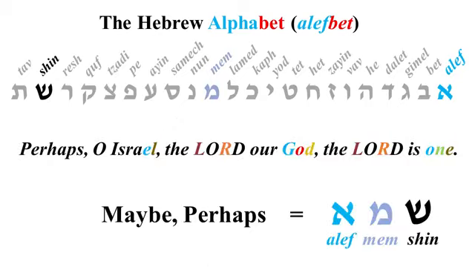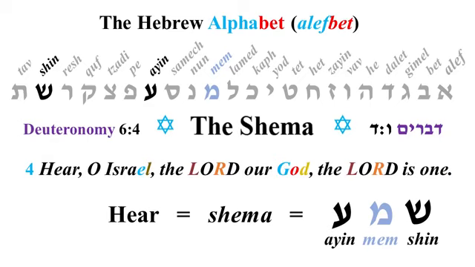Because if you put an aleph in Shema, that becomes the Hebrew word maybe, or perhaps. So do you want to say, "Perhaps, O Israel, the Lord our God, the Lord is one"? I don't think so. So to avoid that, he put a very large ayin there, so you don't make the mistake and say perhaps. You say, "Hear, O Israel, the Lord our God, the Lord is one."